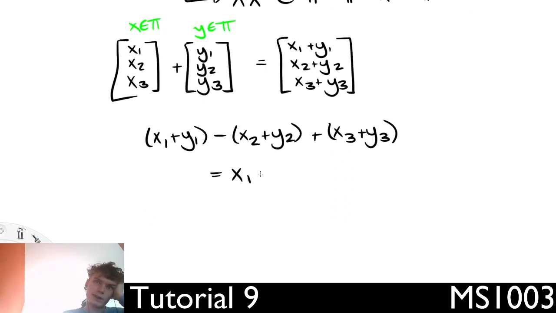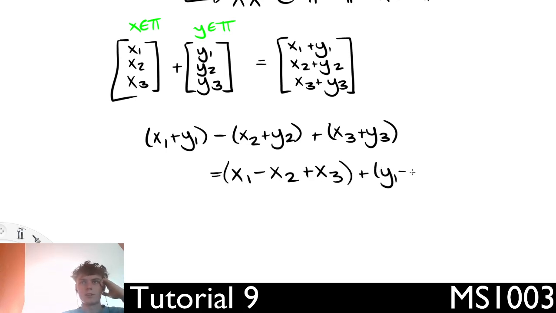Collecting all my x terms together gives me this, and collecting all my y terms together gives me this. I know that x is in the plane, so this thing here has to be equal to 0.